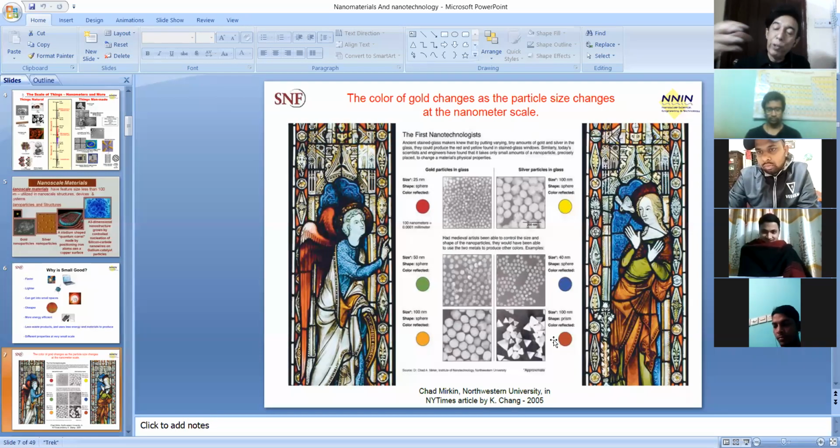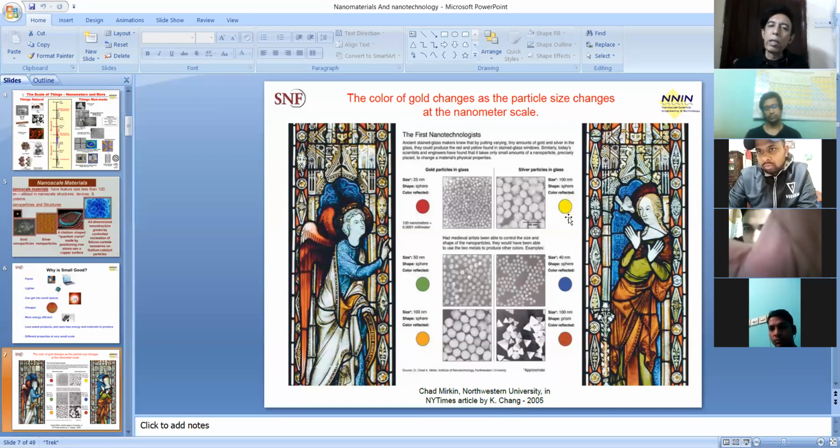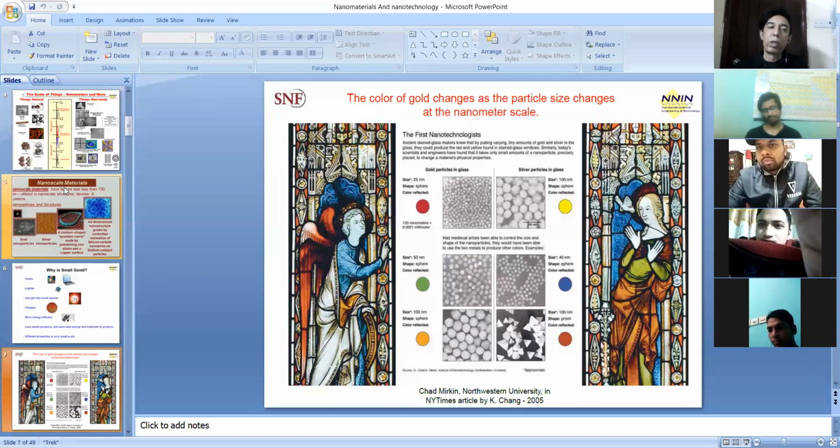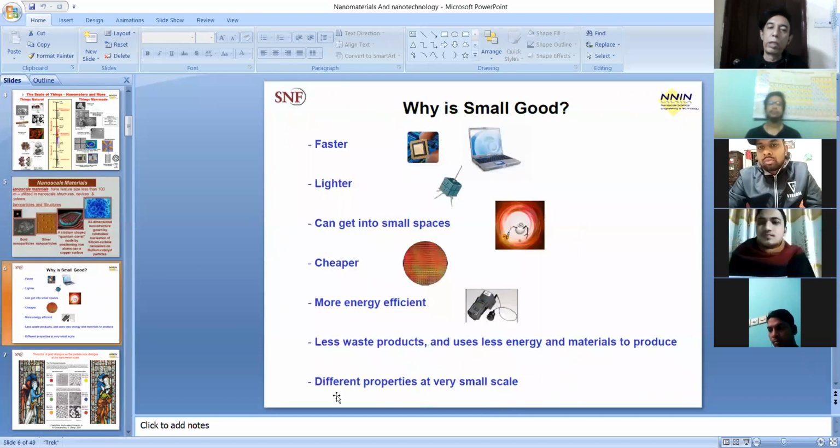But if you take Avogadro number of silver, the color will be silvery. Now, no color here. You'll see no color, it is silvery. So this is the difference in properties. We told you it is showing different properties at a very small scale.